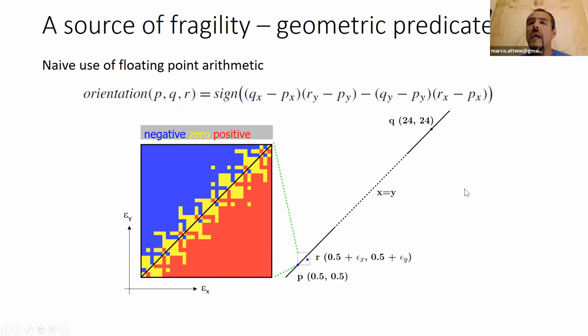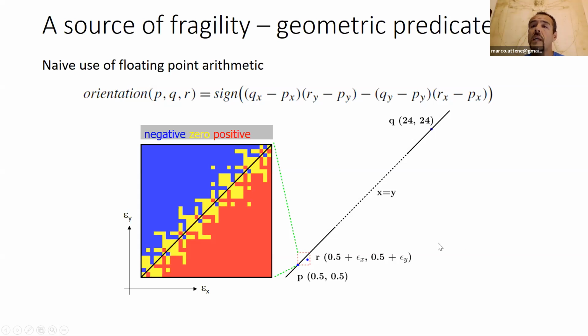Okay, if we slightly move R off of the line, the image of the sign under floating point calculation is shown in this picture here. So, the appearance of these zeros, these yellow points here, is expectable, but the real problem are these little guys here, because in these cases our predicate calculation is telling us that R is on the right of the line while it is actually on the left, and vice versa.